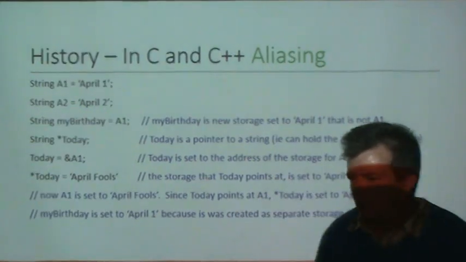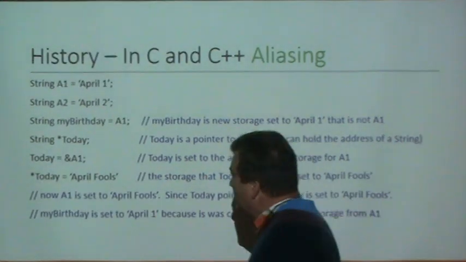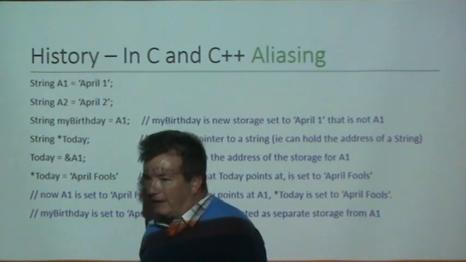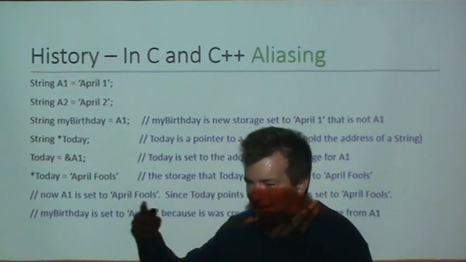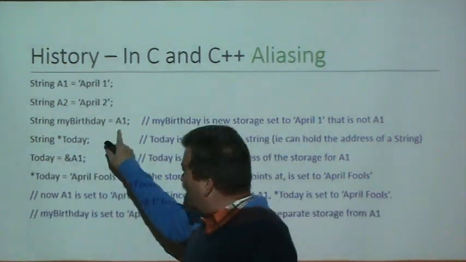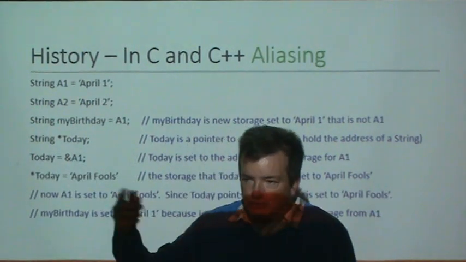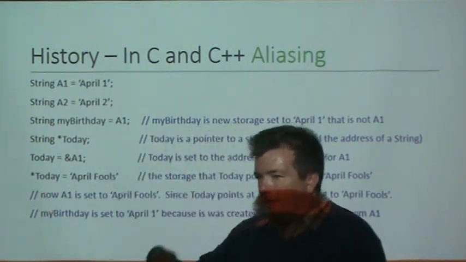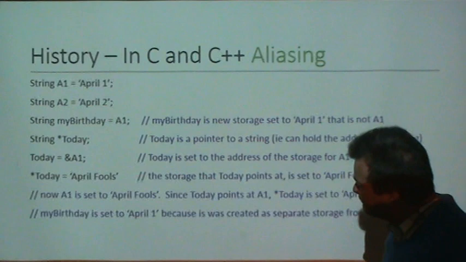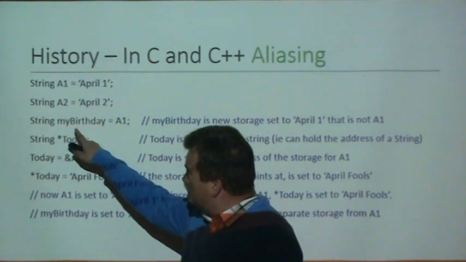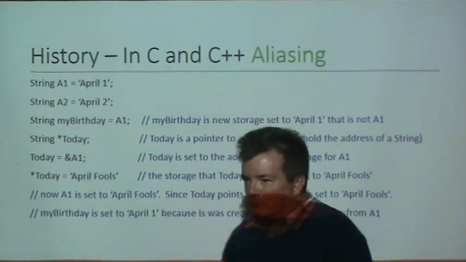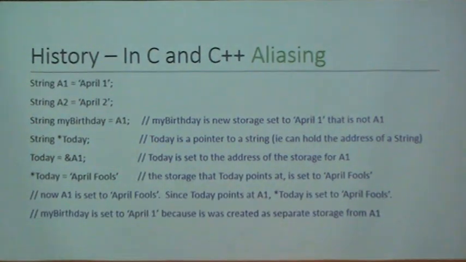Let's say, for example, my birthday is April 1st. So my birthday is an alias for A1. Now my birthday doesn't change. It's not like if it starts raining, my birthday becomes April 2nd. So my birthday should never change. It should always be equal to April 1.